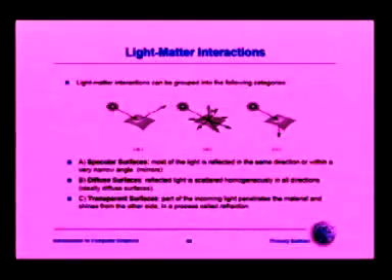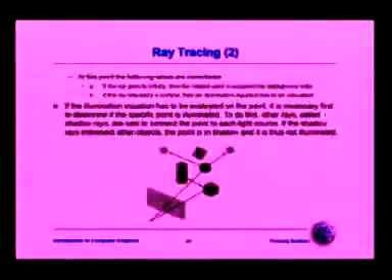So this complicates things when you're considering the approach of ray tracing on objects which are made of different materials. Ray tracing works very well with objects which are made mainly of specular materials. Why?